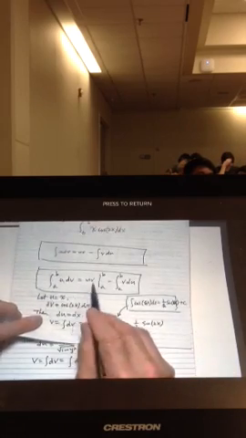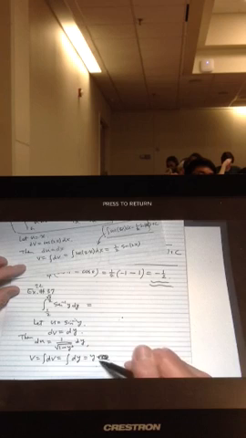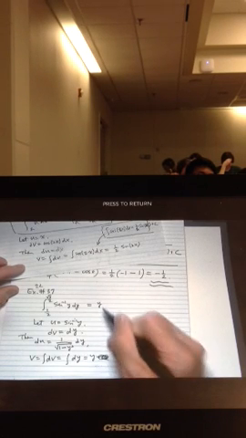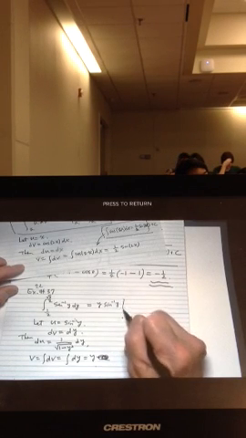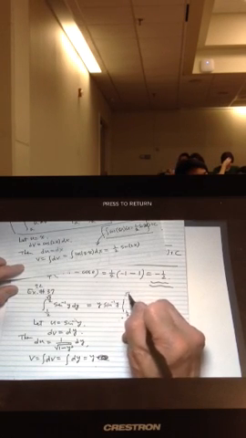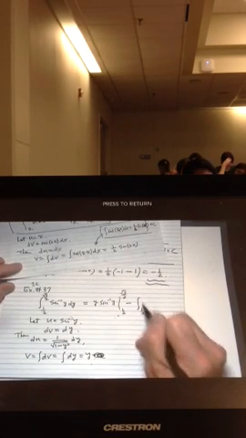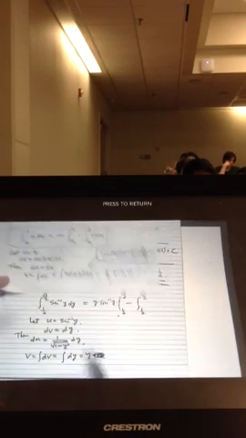All right, so this becomes what? I have this uv, so this is v and this is u, minus the integral from 1/2 to square root of 3, v du.